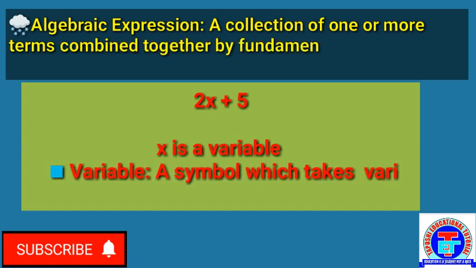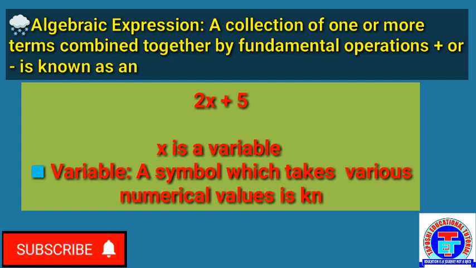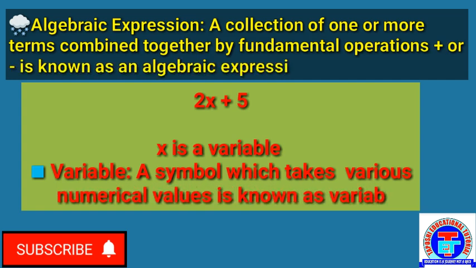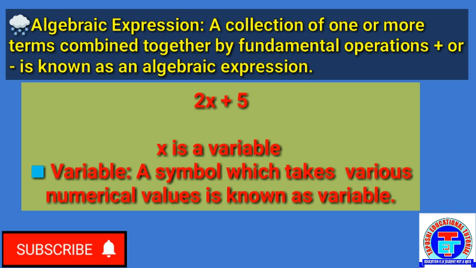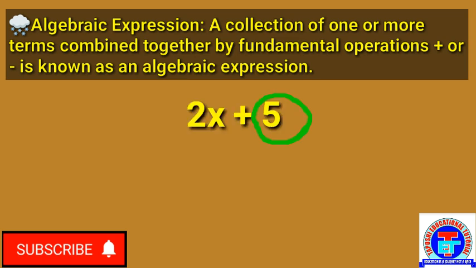Right. That means it is not a fixed value. Changeable. Suppose x, a, b, c and all the alphabet we say to be a variable or we use as a variable.